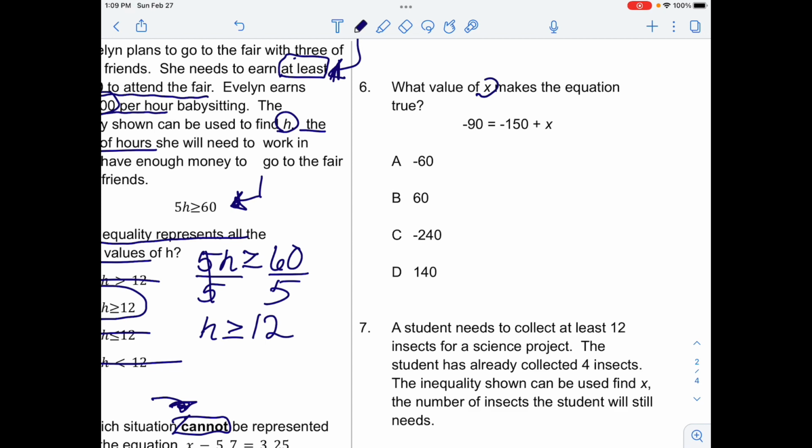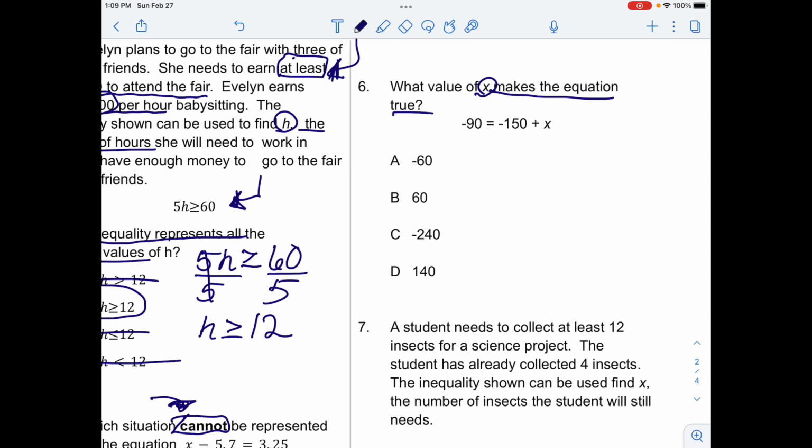What value of X makes the equation true? Okay, so here we have to make sure we are following our integer rules. There are 2 ways you can solve this. You can solve the equation with inverse operations, or you could use substitution.